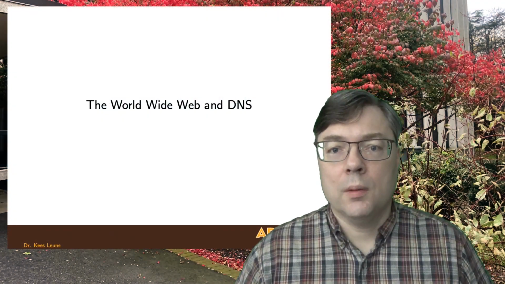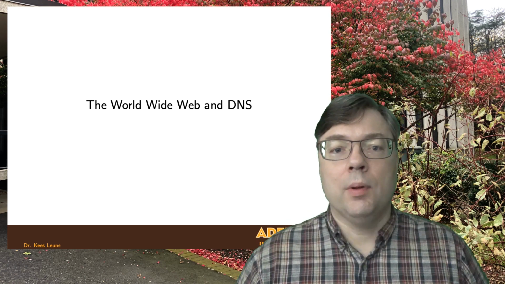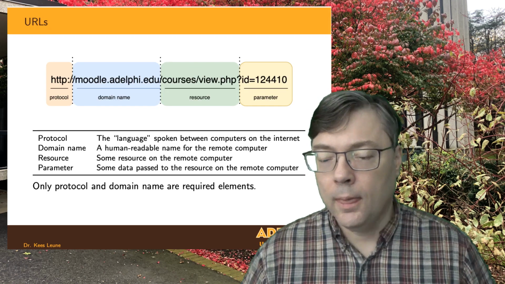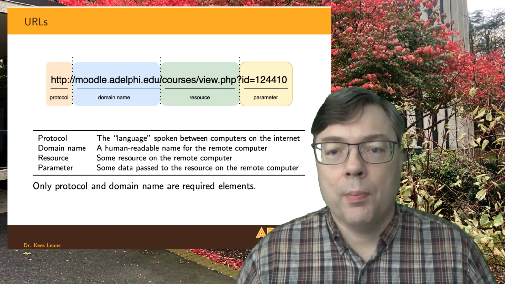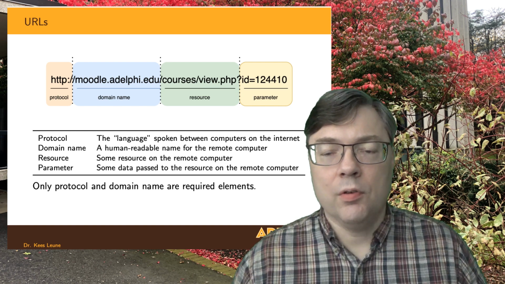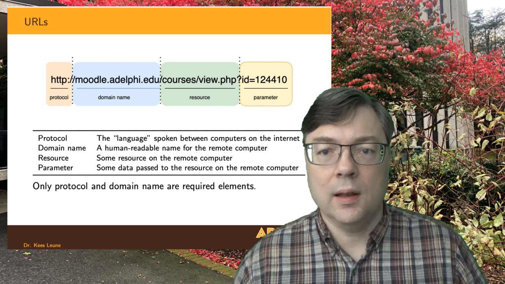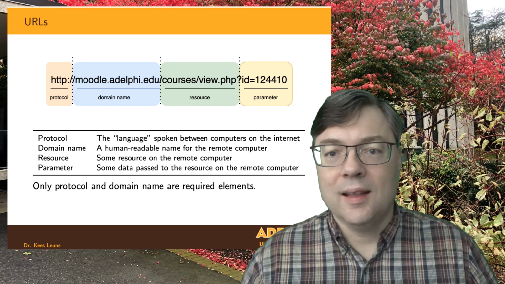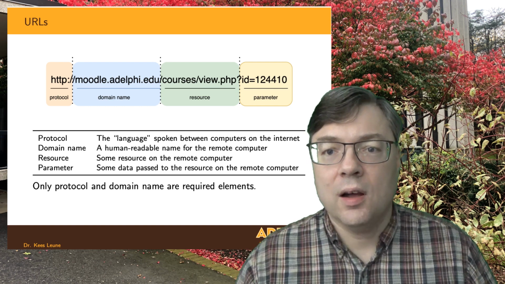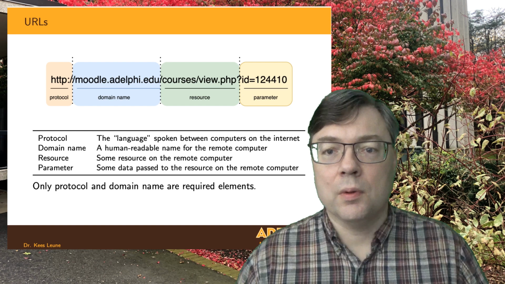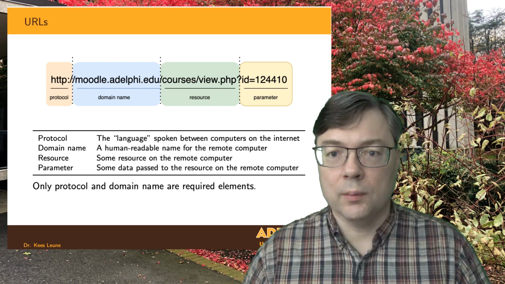So let's start talking about the World Wide Web and DNS, the domain name system. We use web browsers all the time. And even though we typically only type, say, moodle.adelphi.edu in the address bar, that's not the entire address of the website or the web pages that we are trying to load into our browser.